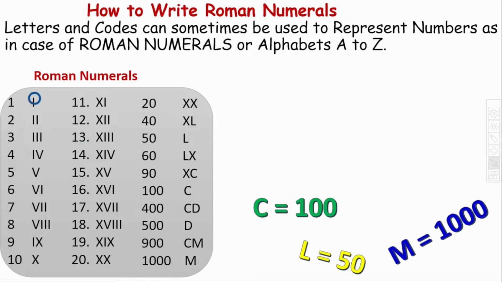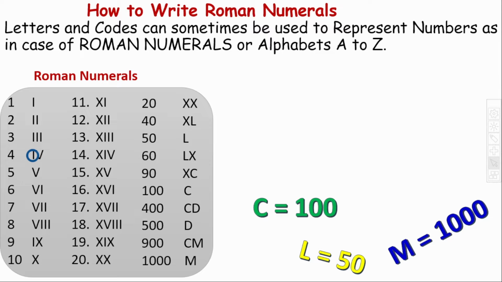First of all, 1 is represented with I, 2 is represented with II, 3 is represented with III, 4 is normally derived from 5. 5 is V, while 4 is IV. It is called IV because the I is put before the V, because it shows 1 was subtracted from 5 to get 4. 5 minus 1 gives us 4.